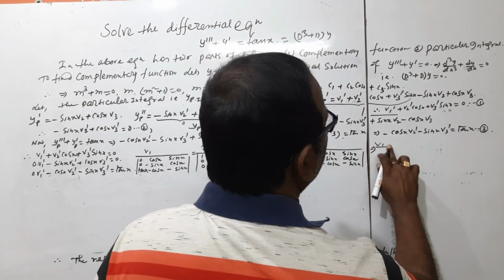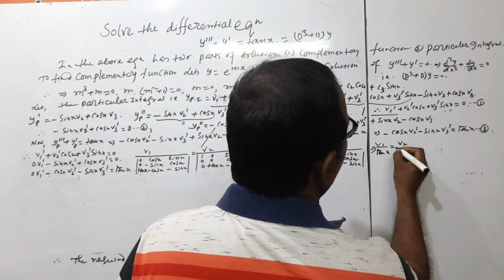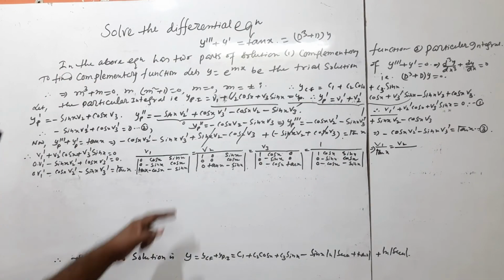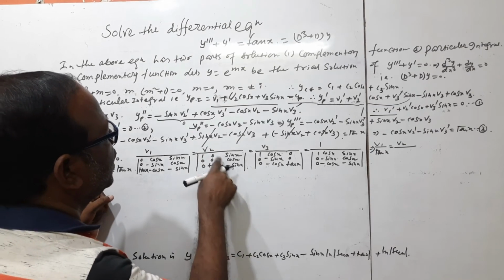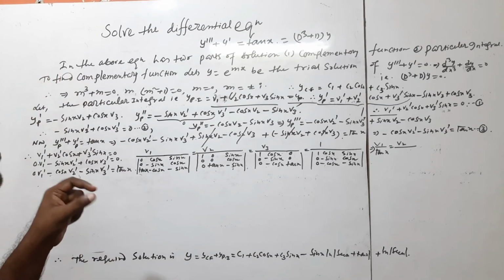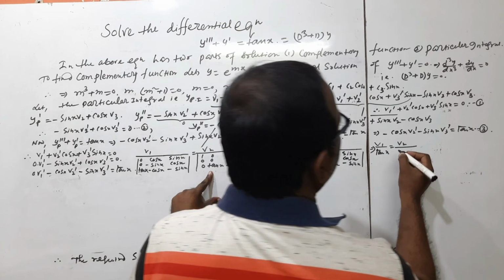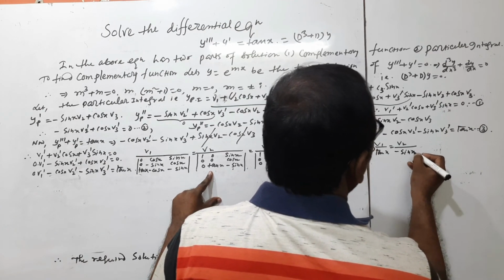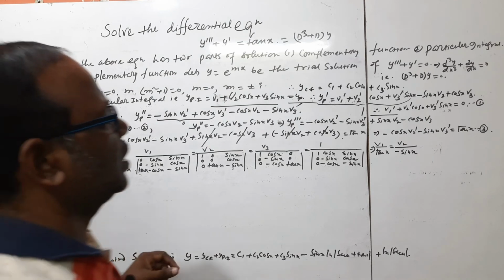Okay, this is here only tan x, and v2' over, if we simplify, if we take 1, so minus sin x, minus sin x.